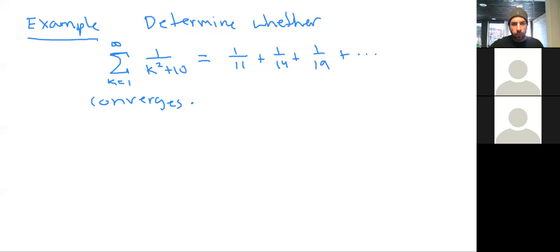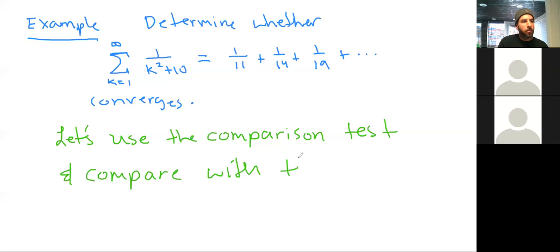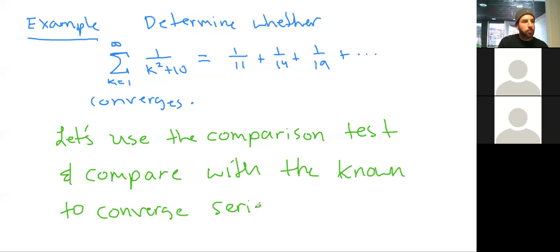So here's what we're going to do. Let's change colors. We'll go to this green. So let's use the comparison test. What I want to do is compare with a known to converge series.